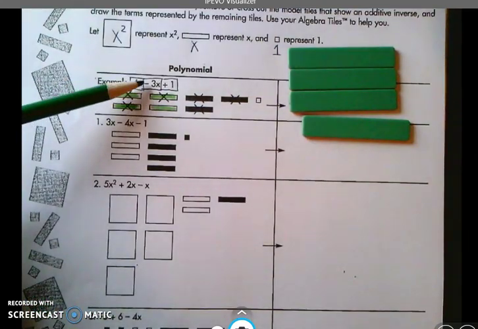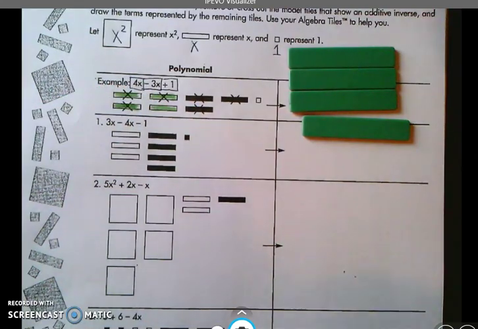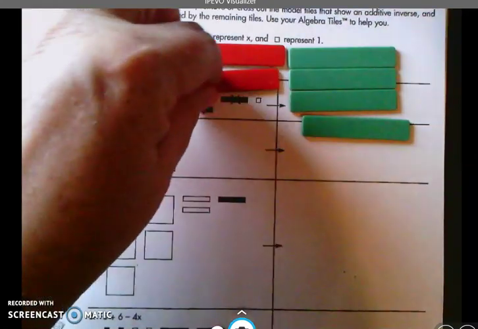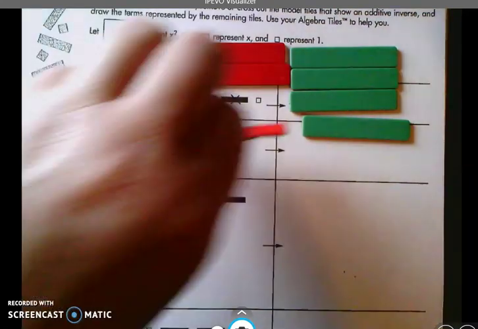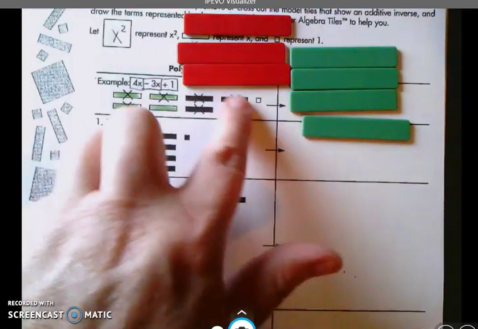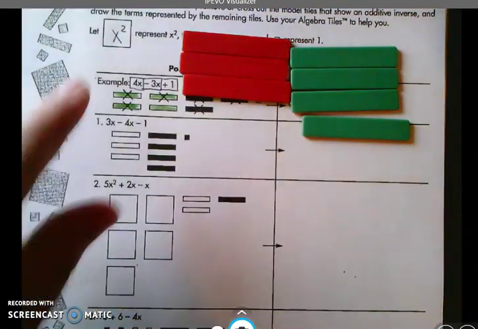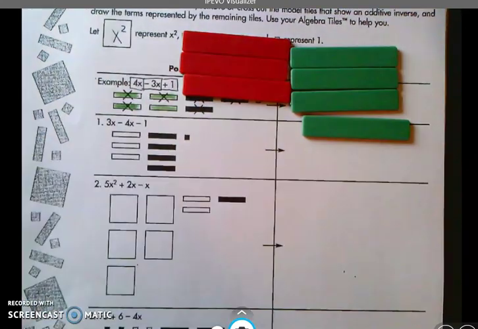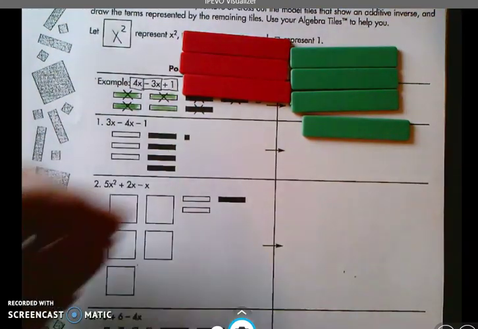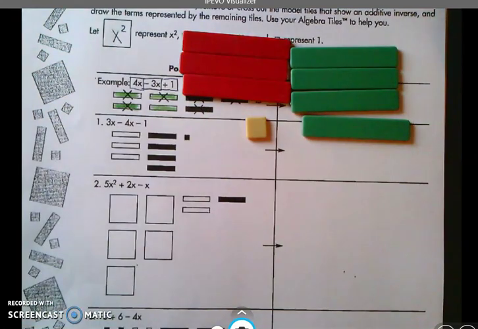Now I'm going to build my next term, which is negative 3x, which is 3 red rectangles, because our x's are rectangles and it's negative. And they did those black for you, but red is negative. And then the next thing I have is a plus 1. So it's a little square, and it's yellow because it's positive.